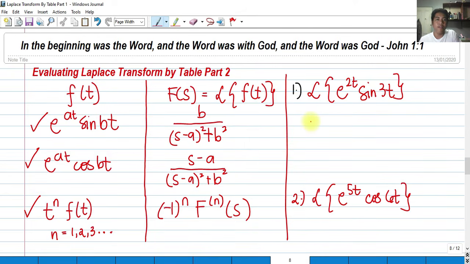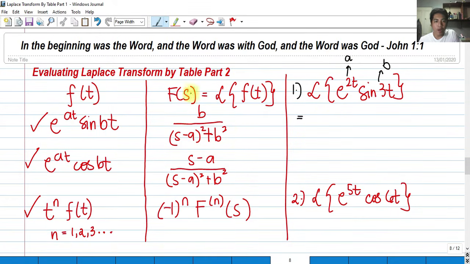For number 1, we are given: find the Laplace transform of e raised to 2t multiplied by sine 3t. Again, this is pretty much easy because we already have a Laplace transform table for this. For sine, we need to get the b. In this case, this is our b, the number 3, and this is our a, the 2.